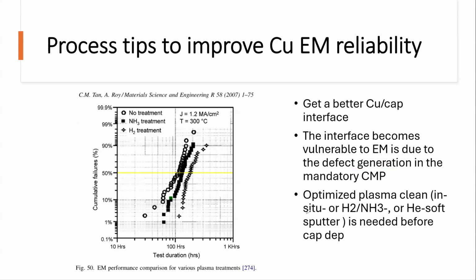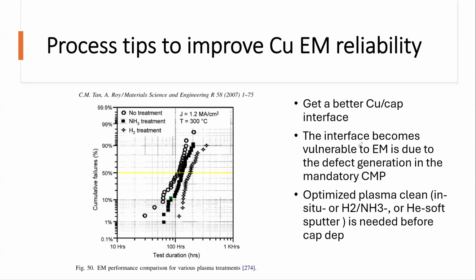You have the in situ. So what people do is optimize plasma clean, right? In situ means that when the wafer comes out of CMP, before you go into the other step, in that step, you do an in situ clean before you really do your cap layer.